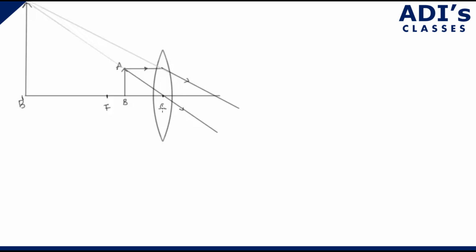The image will be formed here, which is A dash B dash. This is how an image is formed in a simple microscope.